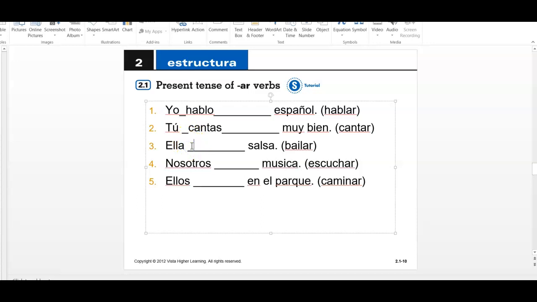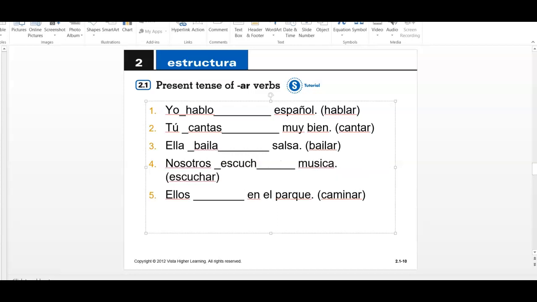Number 3, ella. So I'm going to drop the ending. And then the ending for ella is just an A. So ella baila salsa. She dances salsa. Then we have escuchar, which means to listen to. So we drop the ending. And then since nosotros is my subject, then I know that it's going to be AMOS.